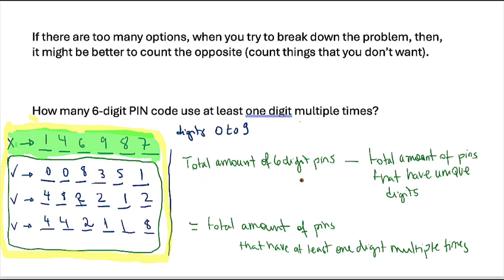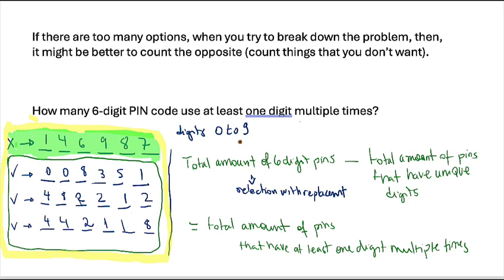The total amount of six-digit pins is a selection with replacement problem. Because I have six layers of decision with 10 options each one, right?